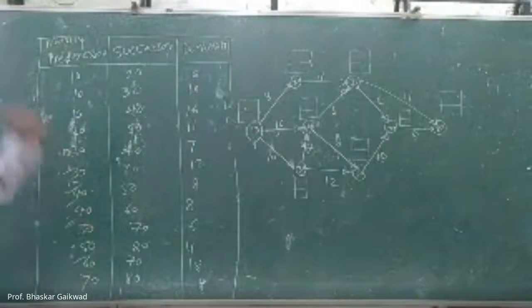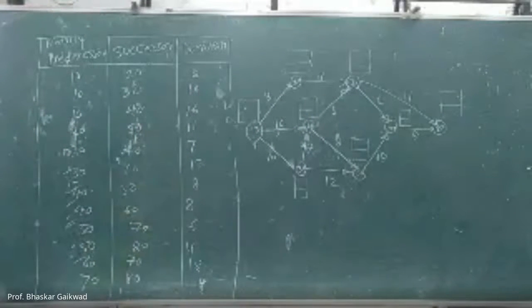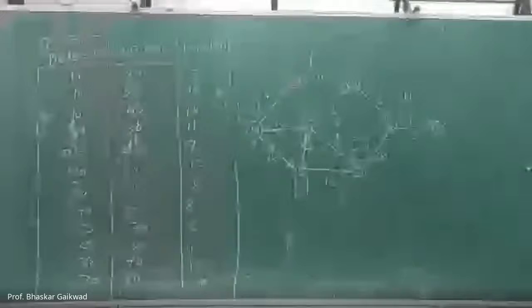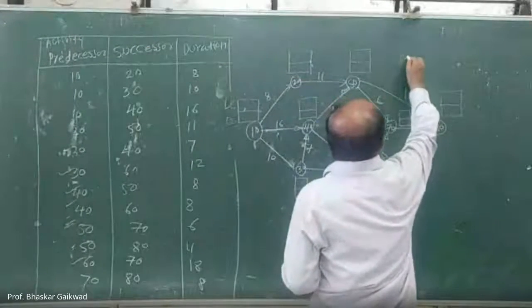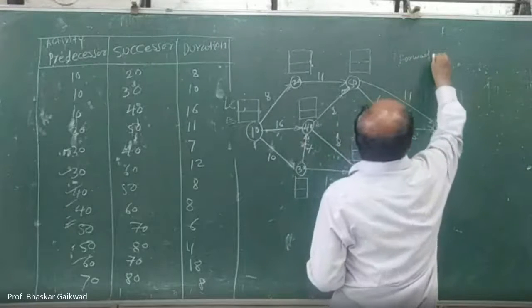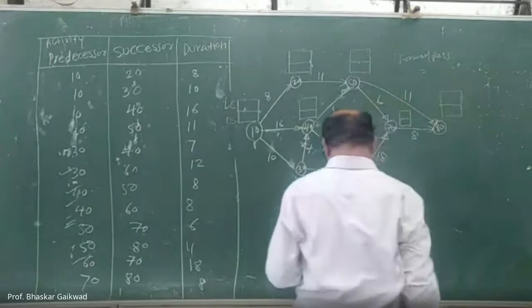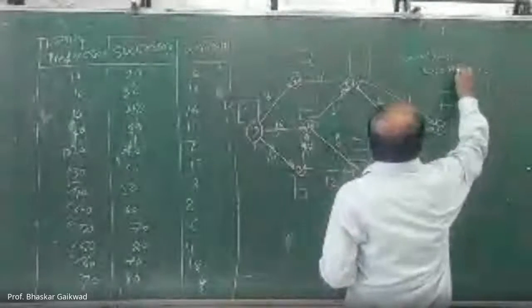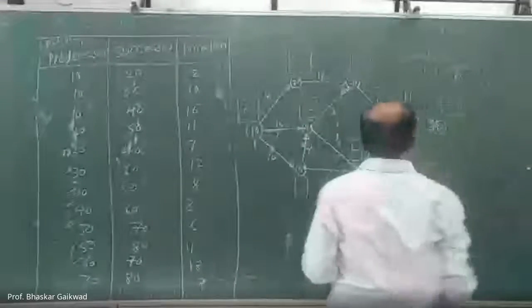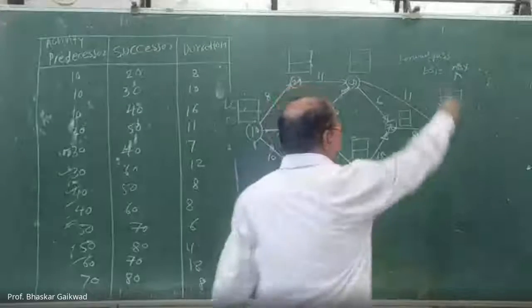Now, what is the formula for the forward path? We can note down the formula for the forward path. ES(j) equals the maximum, in brackets, of ES(i) plus D(ij). Why is this maximum there?